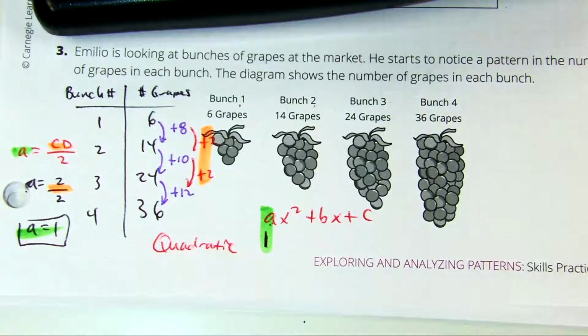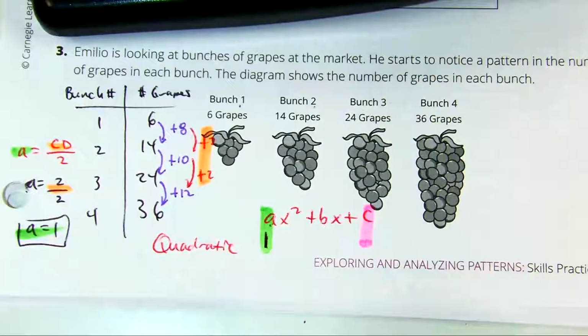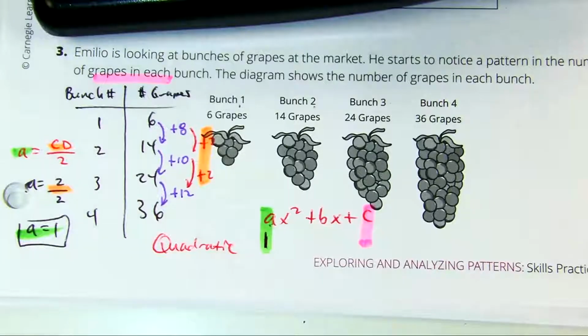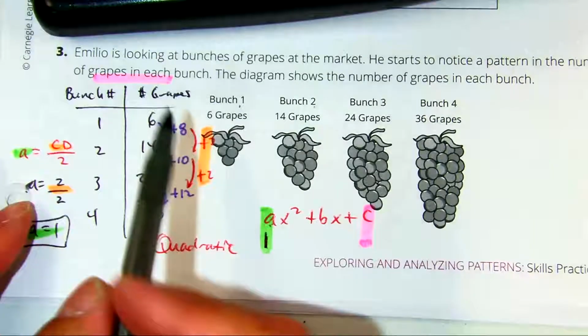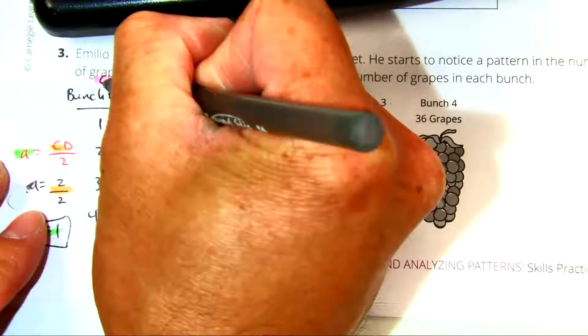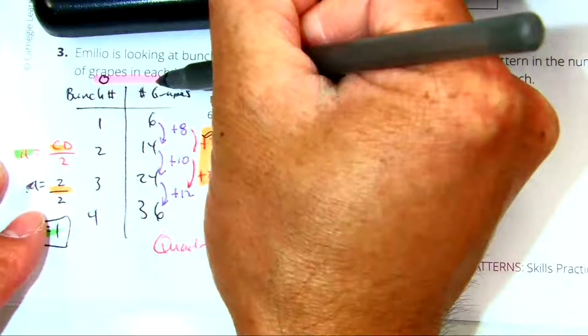Okay, how do you find the C value? Your C value is your y-intercept. So you have to work your way up on the table of values. If I have 0 bunch of grapes, the question is, how many grapes do you have?